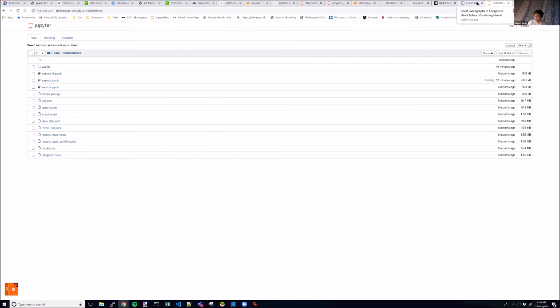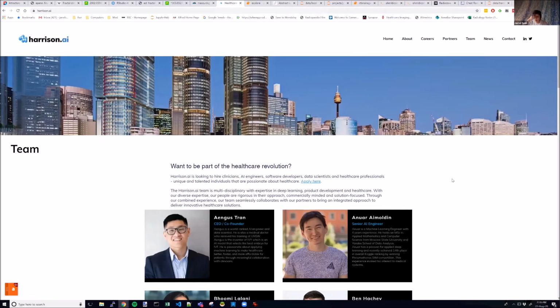So that's basically radiology and some of the work that I've been doing. The other thing that I'm involved in, as Leah has quite kindly mentioned, is Harrison AI. Harrison AI is a startup based out of Sydney. We are a bunch of doctors and a bunch of AI engineers.